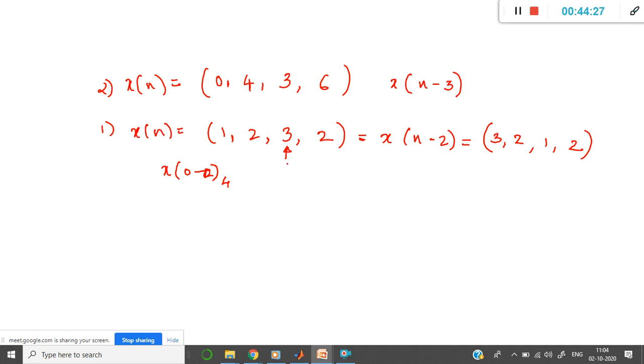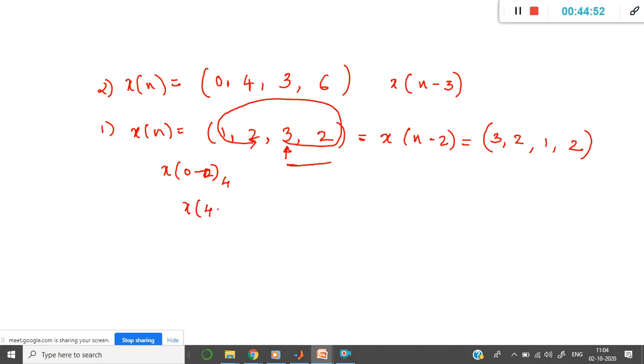From this position, you just move in the anti-clockwise direction. So this is how we take it as 3, 2, again 1, 2, right? So that's what we get as the answer, 3 2 1 2. Similarly here also I take the same technique.